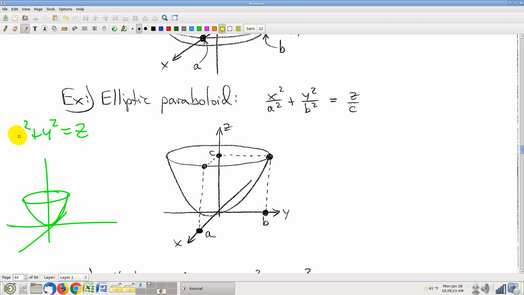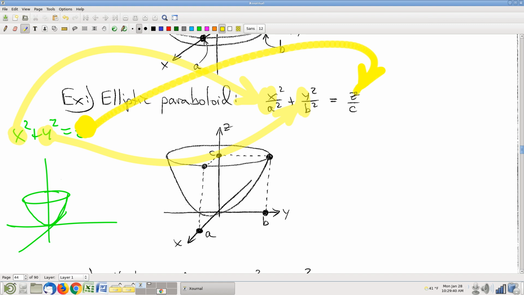Everywhere you see an x, you replace that with x over a. Thus, I stretch by a factor of a in the x direction. Everywhere you see a y, you replace with y over b. And everywhere you see a z, you replace with z over c. So it's stretched by a in the x direction, b in the y direction, c in the z direction.